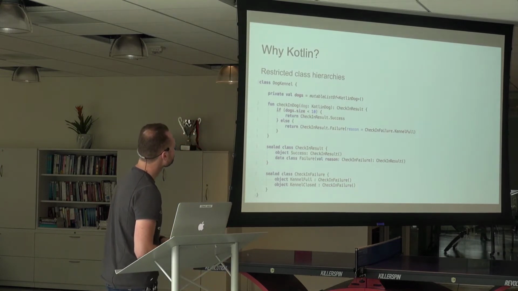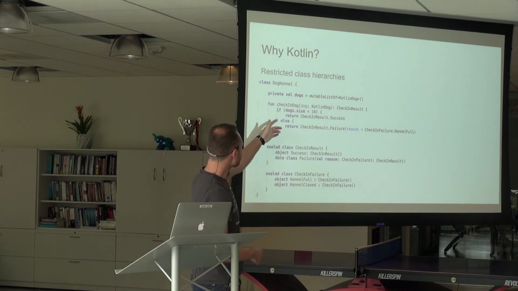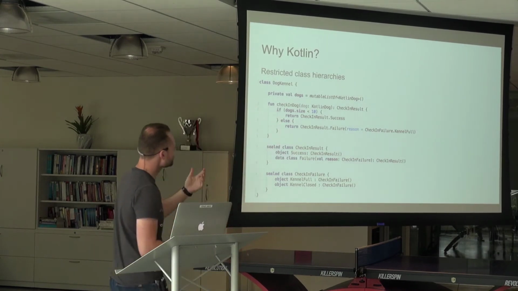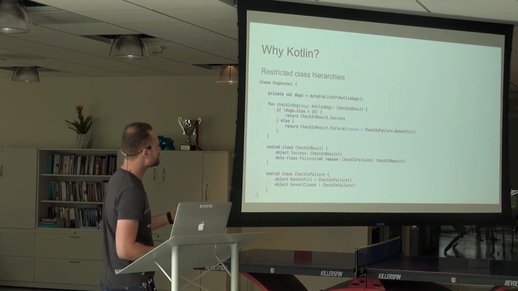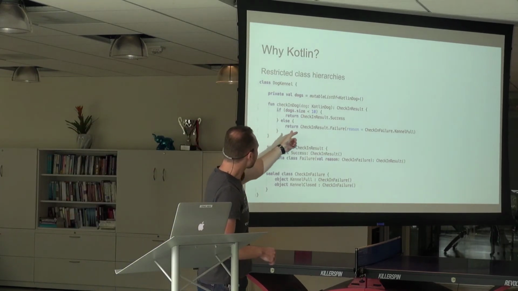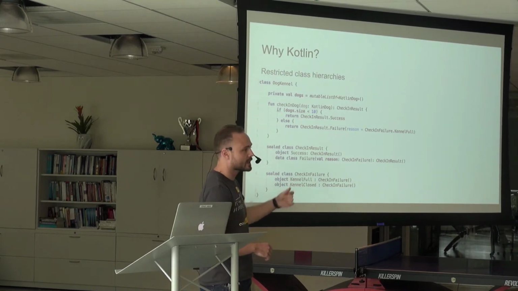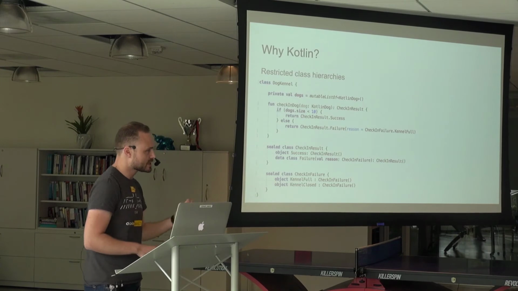And up here, you must return one of these check-in results. So what I did here is, if there's too many dogs in the kennel, I'm going to return kennel is full. I didn't show an example of when the kennel's closed, but you can imagine that my example was getting a little long.